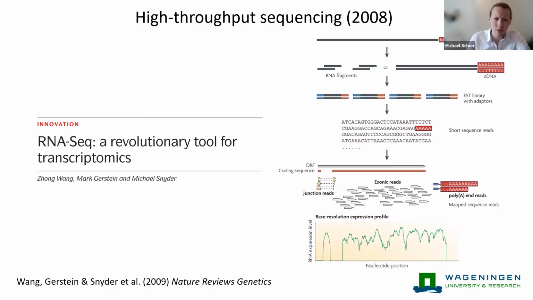And these short reads could then be sequenced in parallel and produce millions or tens of millions of sequencing reads in what's called RNA sequencing. These are the platforms that today we still use, the Illumina short read sequencing platforms.